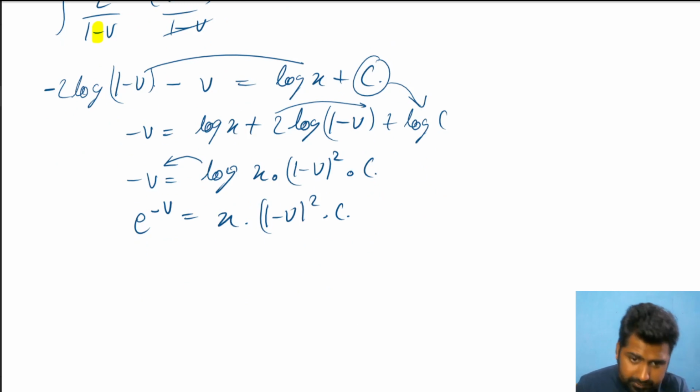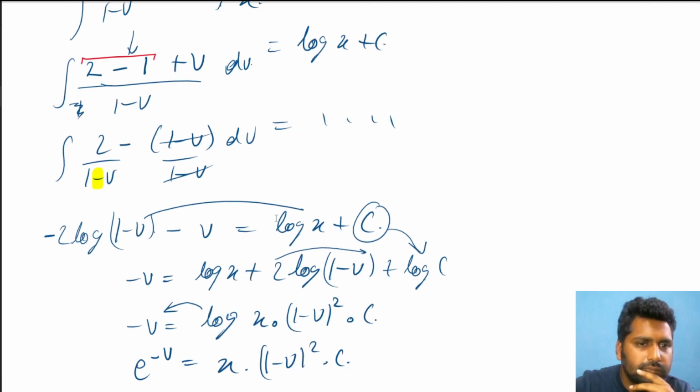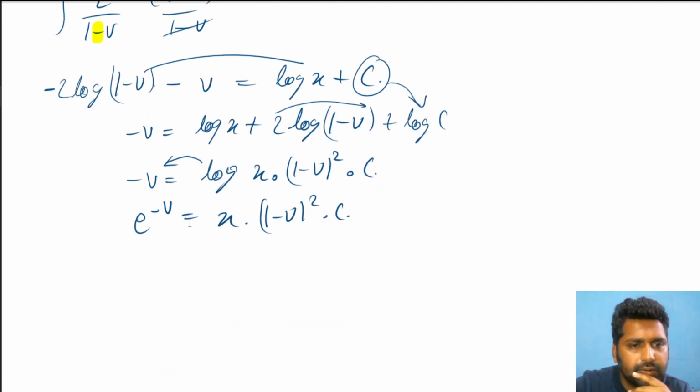Sorry. What you can do is open it. This was 1 minus v whole square, right? So let's combine it. E raised to power negative is there.